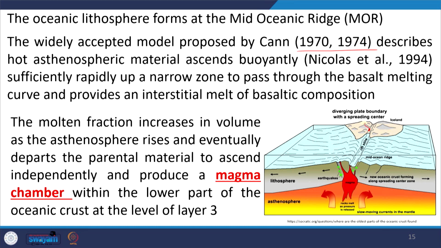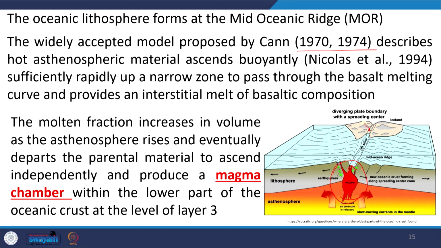If you imagine an asthenosphere and we separate two plates away from each other, we create a narrow rift environment, and through this rift the magma moves up. This type of system is called decompressional melting, also called adiabatic melting.